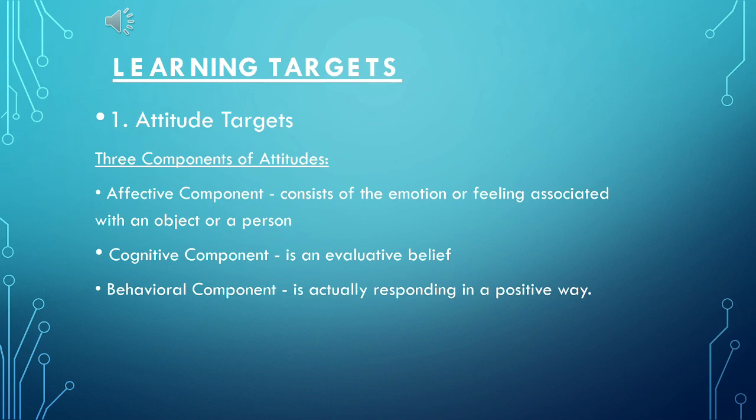So there are three components of attitudes, or shall we say, contributing factors. First is the affective component. What is the affective component? The affective component consists of the emotion or feeling associated with a person or an object.